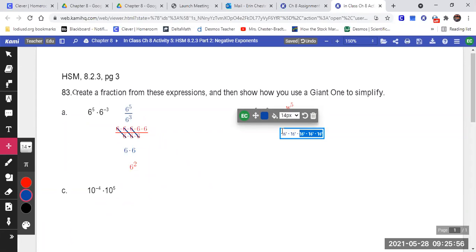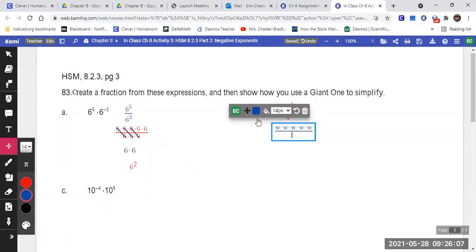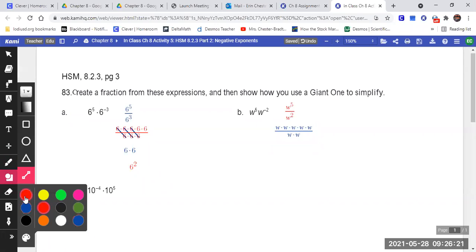But what's the bottom going to look like? Highlight it, divide by. What's the bottom going to look like? Spread out the bottom. What's it going to look like? W times W, yes. And then we're going to get our line and we're going to cross out the stuff that makes 1.